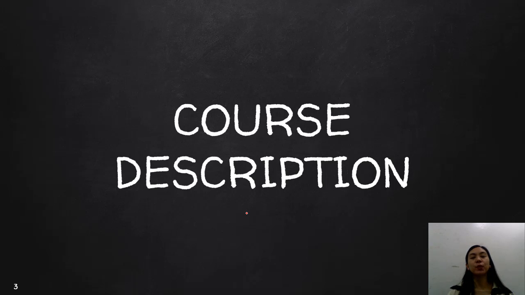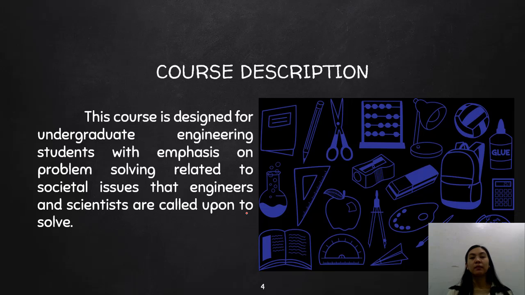So first stop is your course description. This course is designed for undergraduate engineering students with emphasis on problem solving related to societal issues that engineers and scientists are called upon to solve.